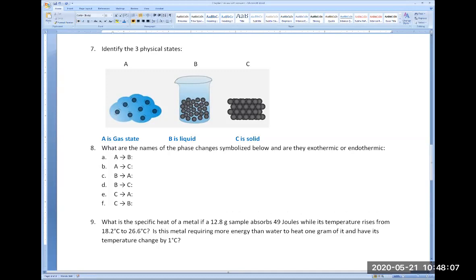So when the substance goes from phase A to phase B, and B is the liquid phase, so when you go from the gas state into the liquid state, that means the same thing here, phase.